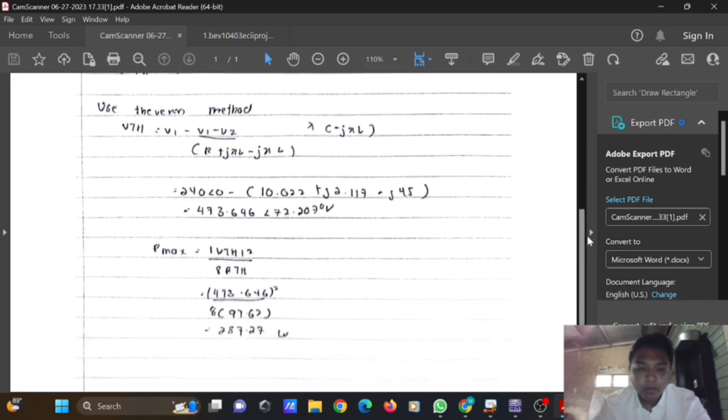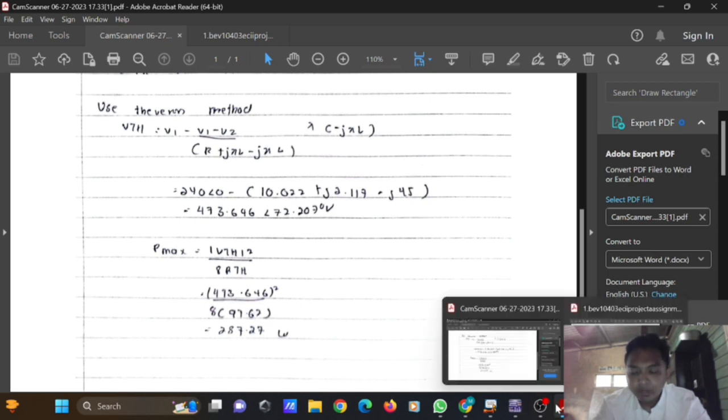After that, we use a Pmax formula, VTH power of 2 divided by 8 RTH equals 473.646 power of 2 divided by 8 times 97.62. So the answer is 287.27 watt. This is the power of Pmax.